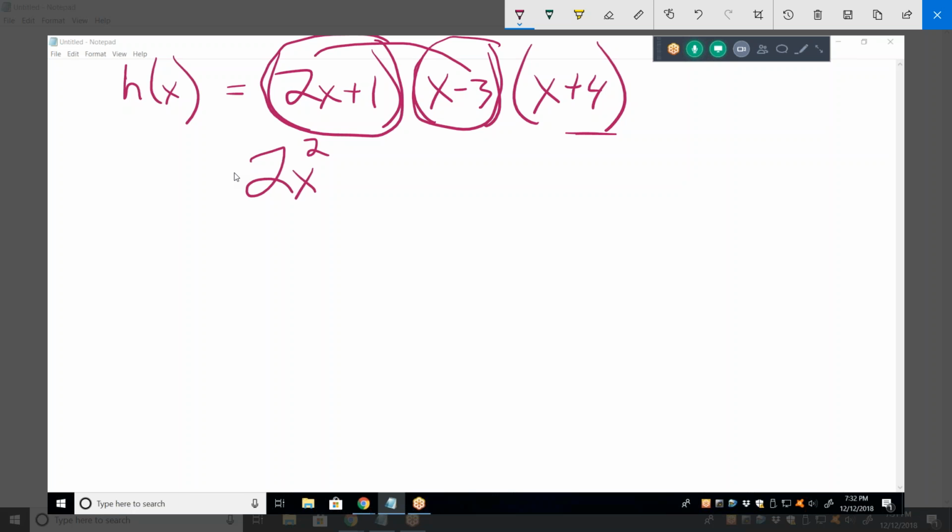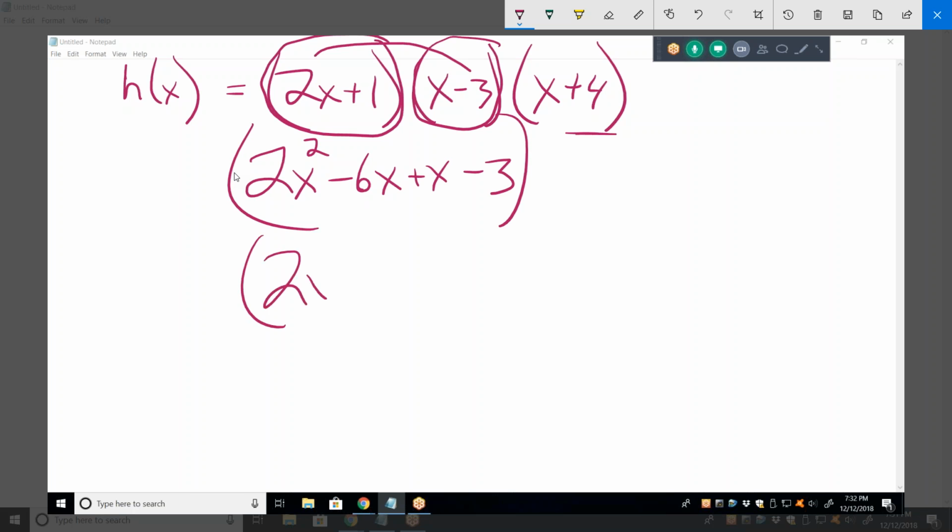Okay. And so then minus 6x plus x minus 3. Okay. Now, that needs to be simplified. So it would be 2x squared minus 5x minus 3.